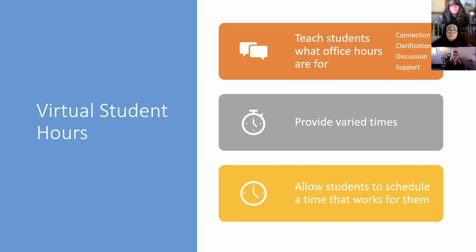This allows them more flexibility. It's not just when I'm available at a specific time every week, but when they're available. If I have a large assignment that's due, I will offer office hours or student hours in the evening or even on some weekends. Truthfully, I'm working at those times anyway, so it's not much of a change. And it shows my support for them and whatever situation they're going through.